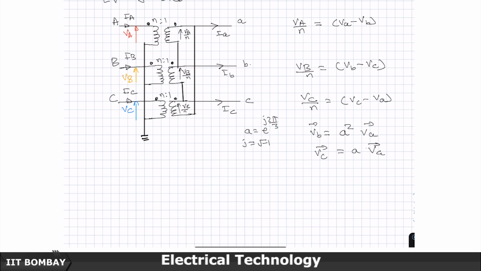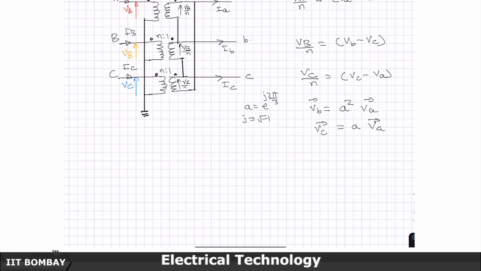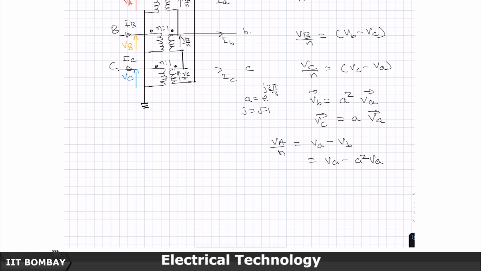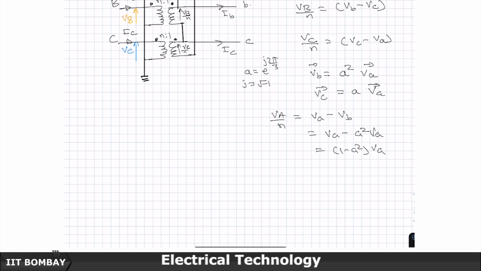Now, let's work on this equation VA by N is equal to va minus vb, which is the same as va minus a squared va, which is the same as (1 minus a squared) va, or in other words capital VA becomes N times (1 minus a squared) times va.